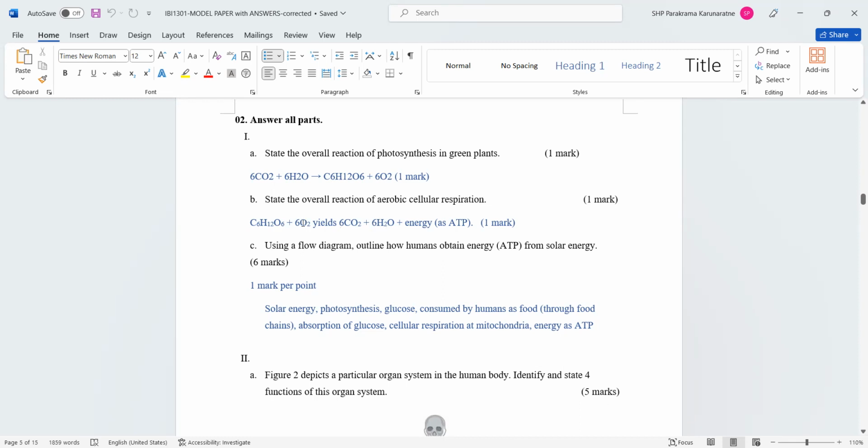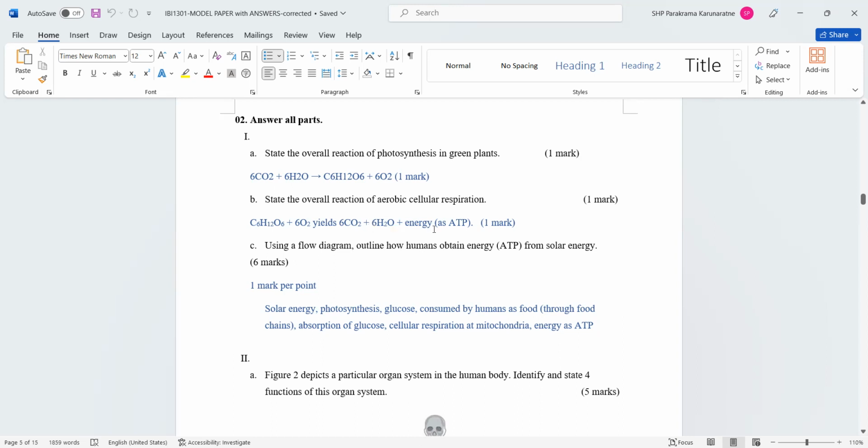But you need oxygen for cellular respiration, and then energy is also produced. It yields, this should be the arrow here, and it produces carbon dioxide, 6 molecules, and 6 water molecules. That is the opposite of the above reaction, right?